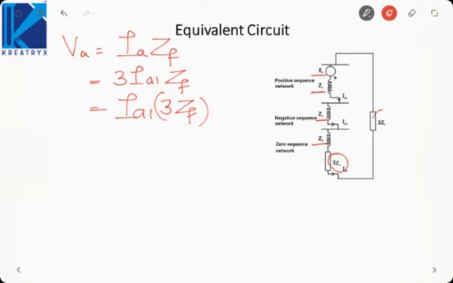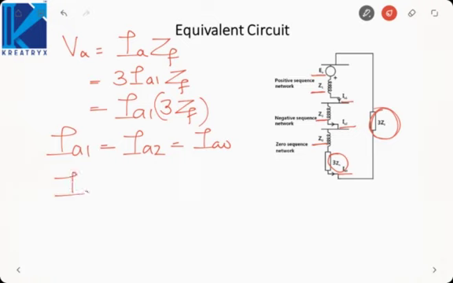That is why the fault impedance is shown as 3ZF, because the current flowing in the circuit is IA1, IA2 and IA0, which are all equal. So in terms of IA1, IA2 and IA0, the impedance offered to the current is 3 times ZF. So the fault impedance will appear as 3ZF and the neutral impedance will appear as 3ZN.